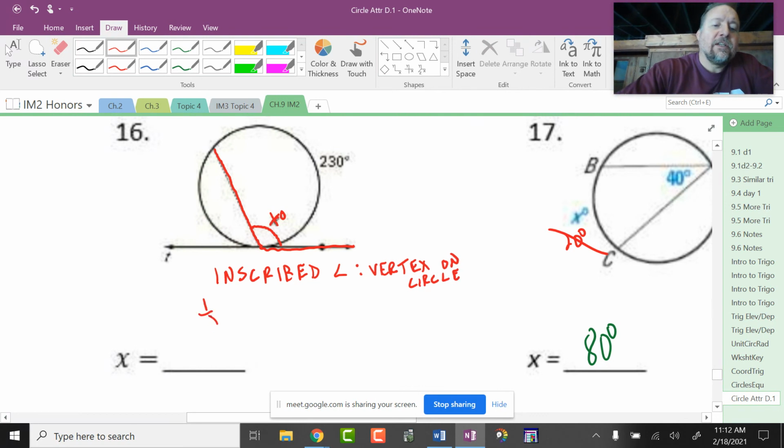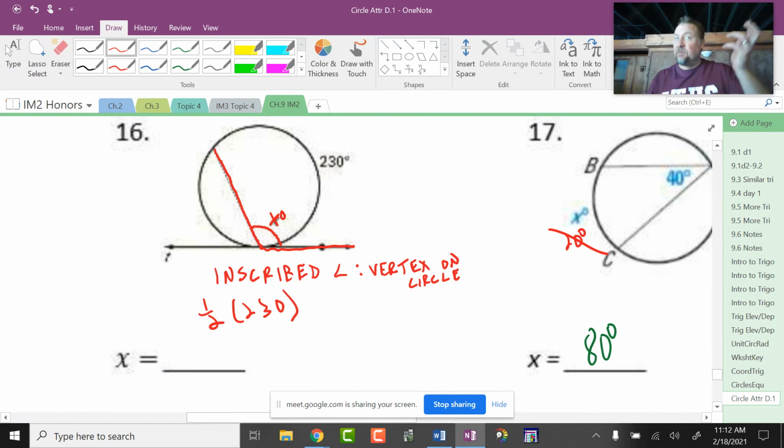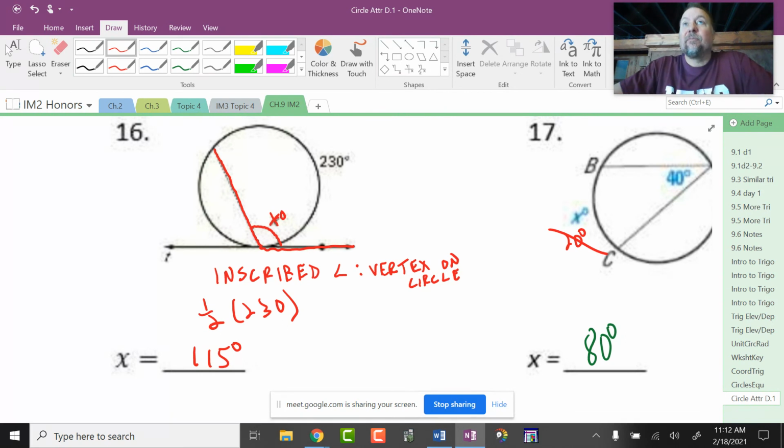So this one is just half of 230. A lot of times when you see that, people don't see it as an inscribed angle, but it actually is. So it is 115 degrees. When you have a chord attached to a tangent line, it emulates an inscribed angle, which is half the measure of the arc that it cuts.